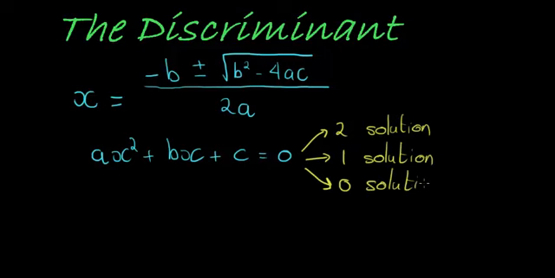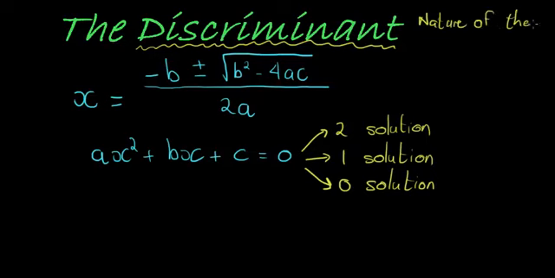Now the discriminant is what is going to tell us about the nature of our roots. Now what on earth am I talking about when I say roots? Well, roots is just the solution of an equation, the nature of the solution.